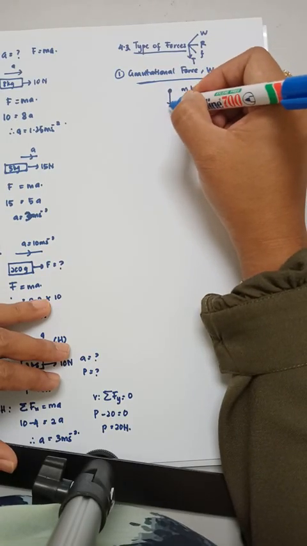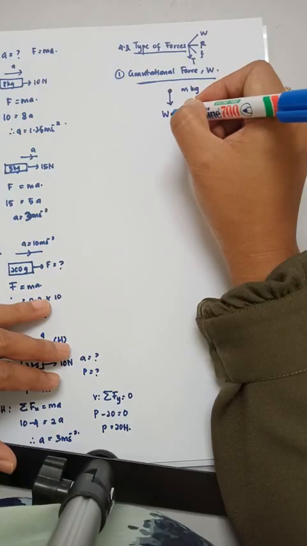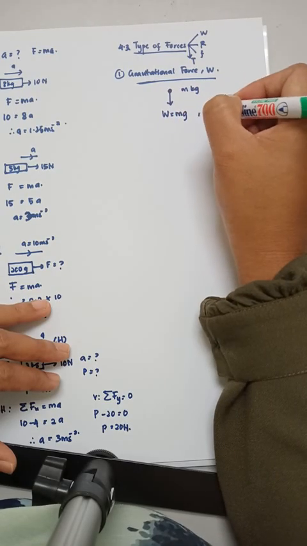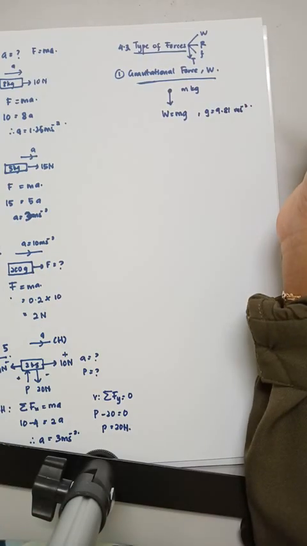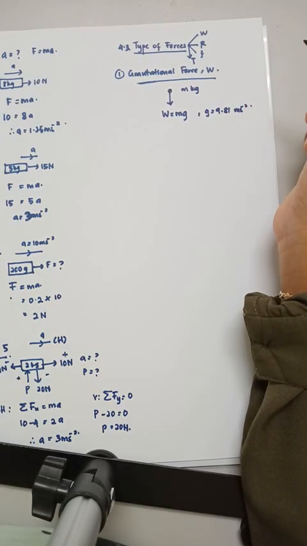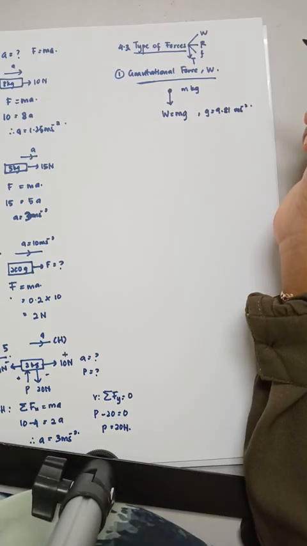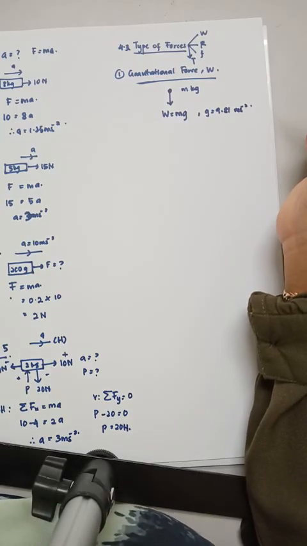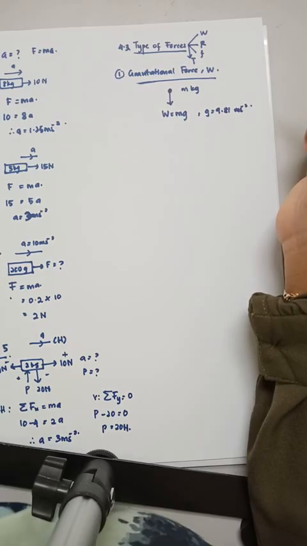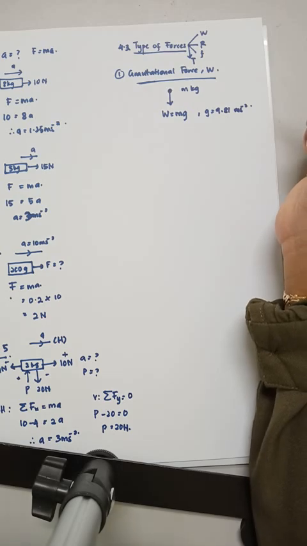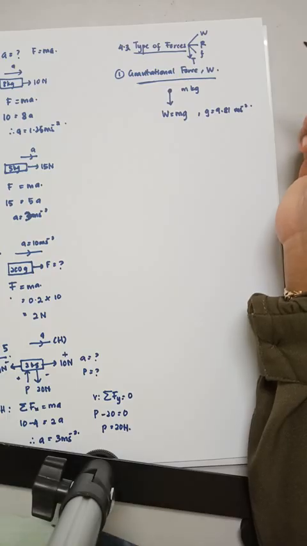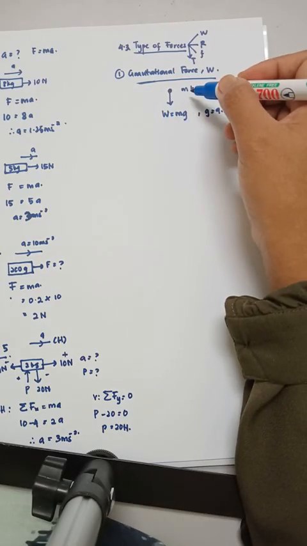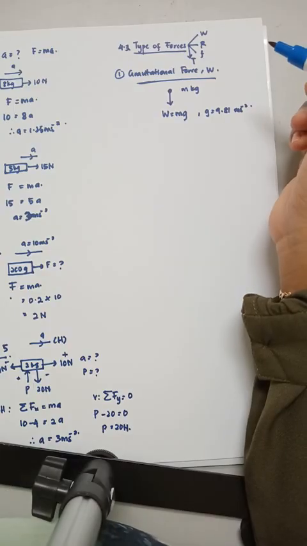The weight we denote as W. W is m times g, where g is 9.81 meter per second squared, which we use for the magnitude of the gravity. Some books use 10, some use 9.8. For MAT 272, we fix that, we use 9.81 meter per second squared. Where W is the weight, m is the mass and g is the gravity.